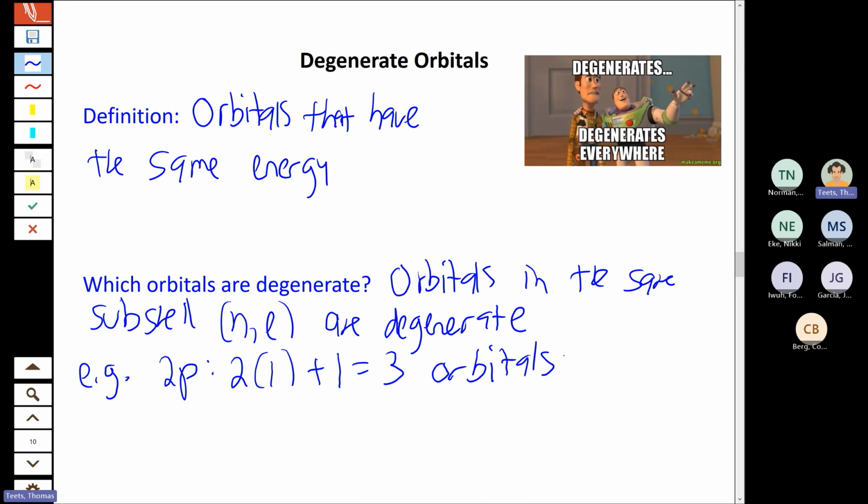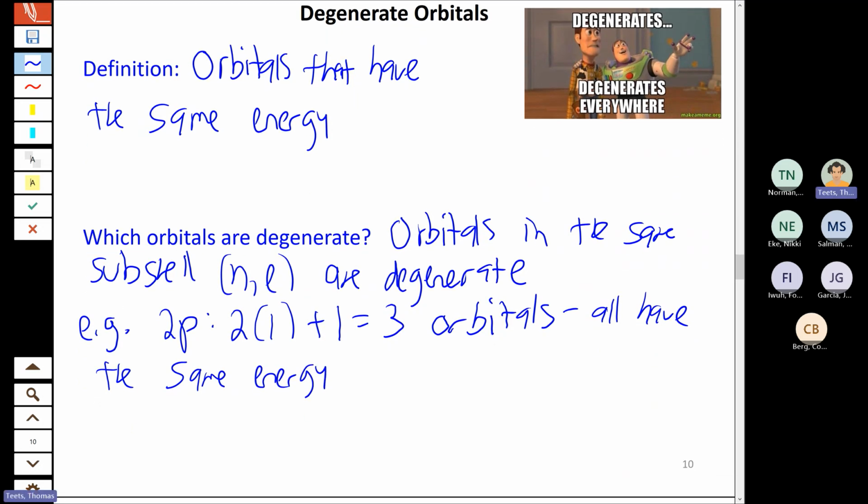But this tells us that all 3 of these have the same energy. To be more specific, 2px, 2py, and 2pz, as long as they're in the same subshell, are all degenerate with each other.